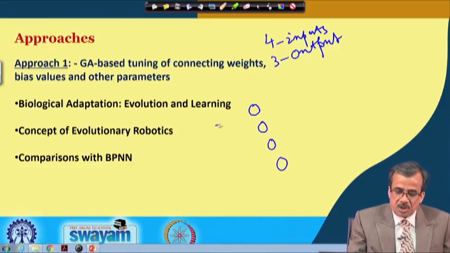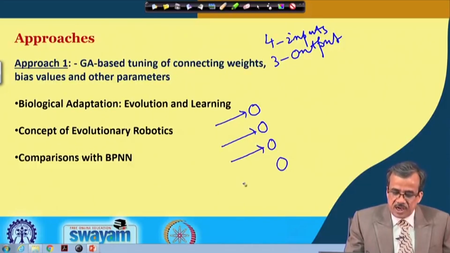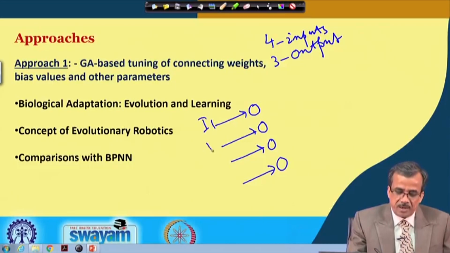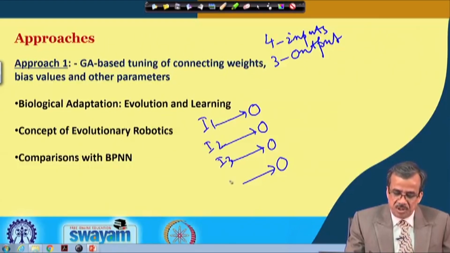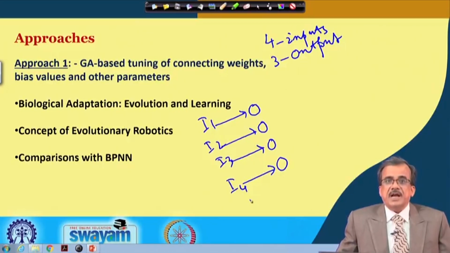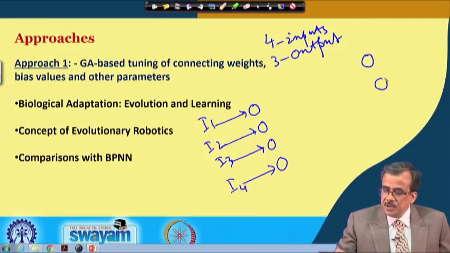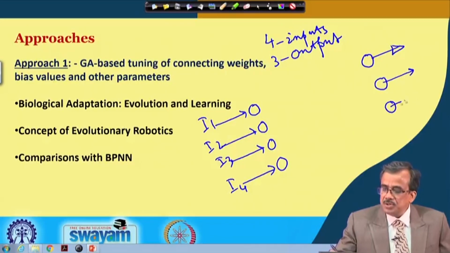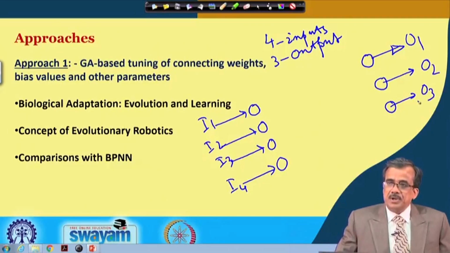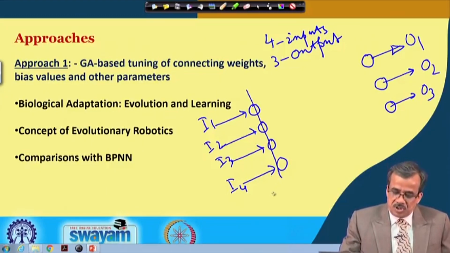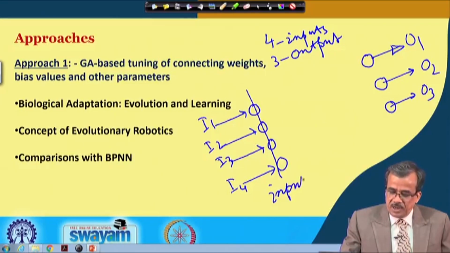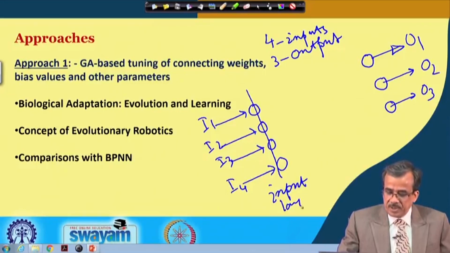So, these are the neurons on the input layer. Say I have got 4 inputs like I1, I2, I3 and I4, and on the output layer there will be the 3 outputs, that is nothing but O1, O2 and O3. Now, this is the input layer of this network, and this is the output layer of this particular network.